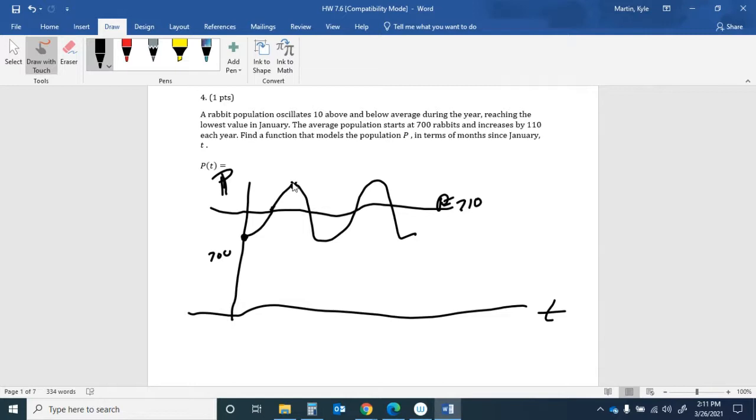So the maximum population occurs at 720 rabbits. But now the problem is this 110 here. So this would be all fine and dandy.